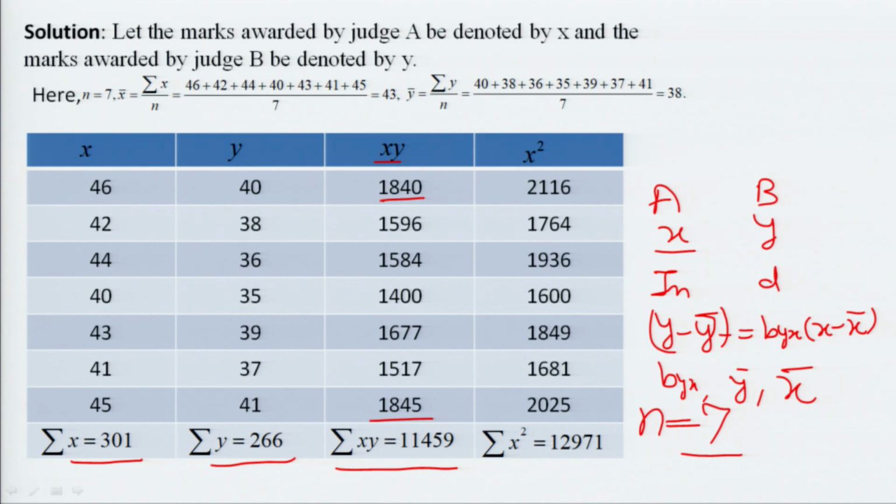11459, and x square, for example 46 square is 2116, and similarly we find all x square values, and adding, summation x square is equal to 12971.